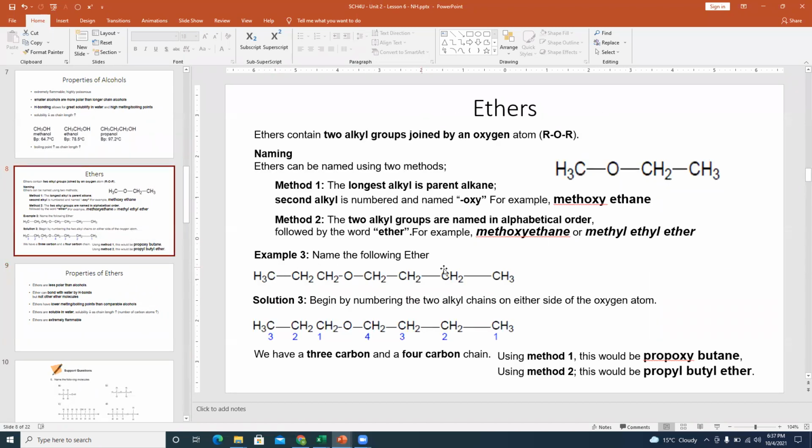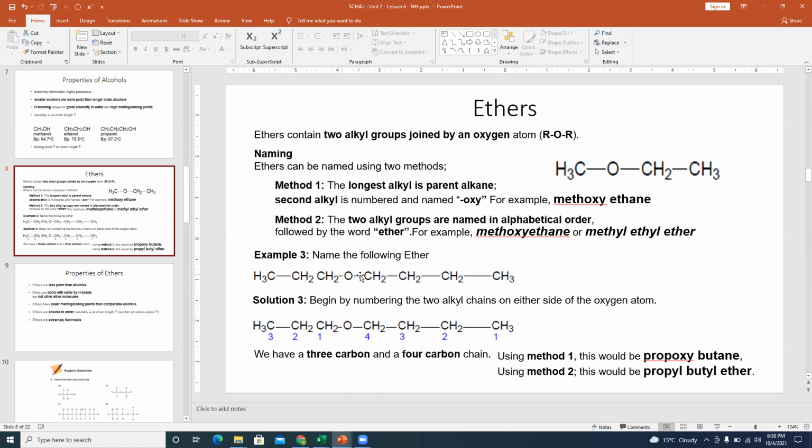And let's look at another example. Here we have this kind of a structure, and we recognize it immediately as an ether because here you have one alkane branch, here you have another alkane branch, and they're joined by an oxygen in the middle.